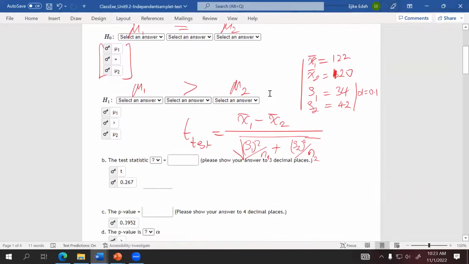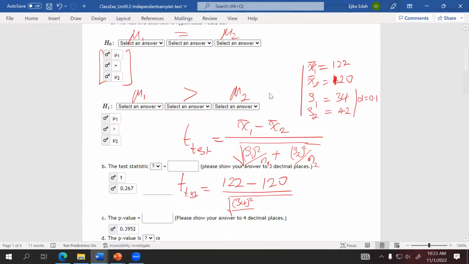And then we'll go ahead and plug in here. So solving here, our t-test will just be the mean of group 1, 122, minus the mean of group 2, 120, divided by the square root. What I have here is standard deviation, so if I'm going to use this formula, then I have to square this, right? So this will be 34 raised to the power of 2 divided by n for group 1.